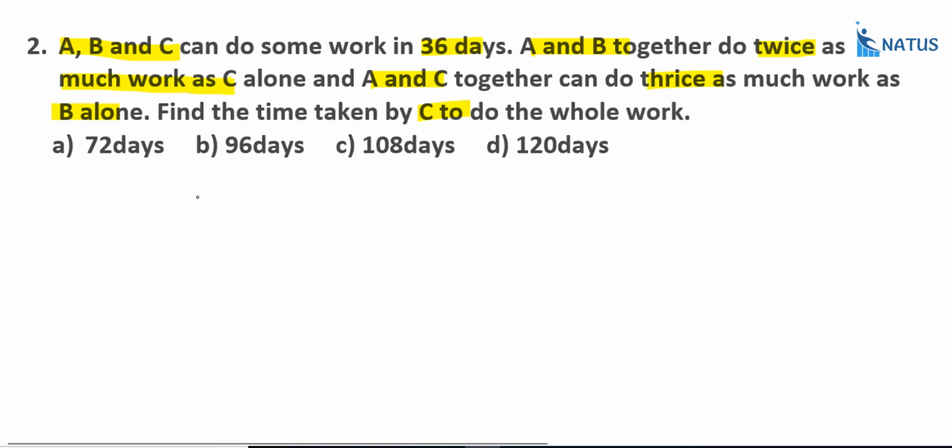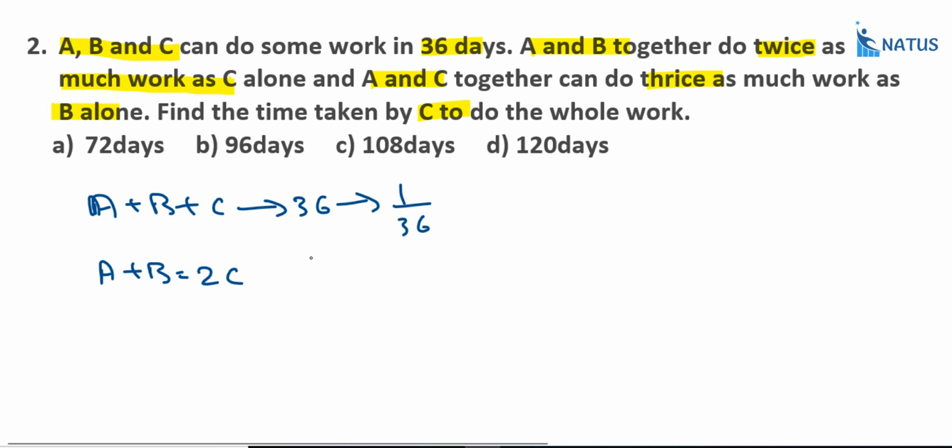Now here, A plus B plus C can complete that work in 36 days. That implies in a day they complete 1 by 36 part. Next, we already know that A plus B is equal to 2C. Why?